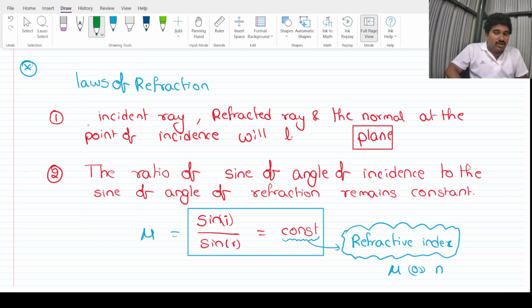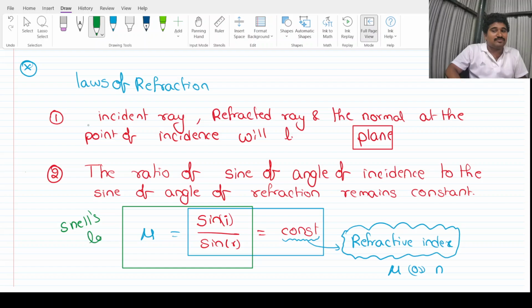Remember, all together this law is known as Snell's law. What do we call this law? Snell's law. What is Snell's law? The ratio of sine of angle of incidence to the sine of angle of refraction is constant. That constant is equal to the refractive index. Clear for everybody?